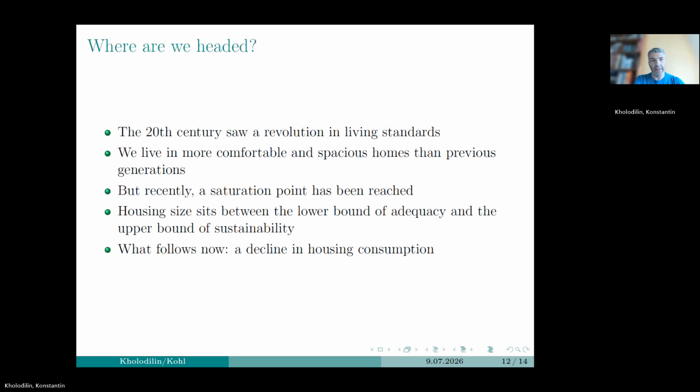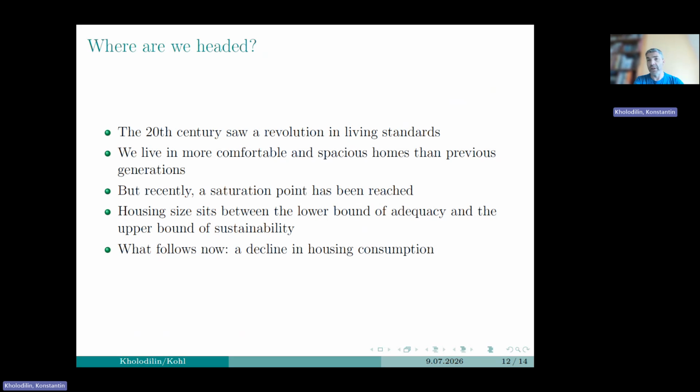But it appears that recently, or relatively recently, a saturation point has been reached. So we attained some maximum. In the case of housing size, you can talk about a lower bound and an upper bound. The lower bound is related to adequacy. The housing should have some minimum size, otherwise it can be harmful for the health of people living there.